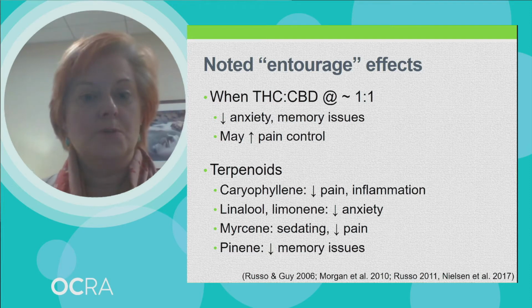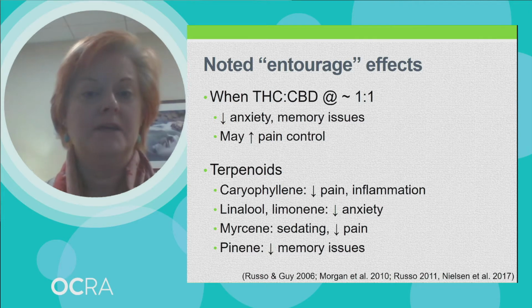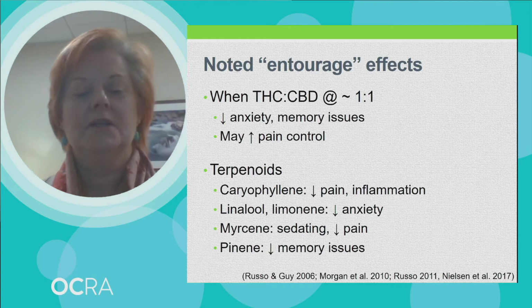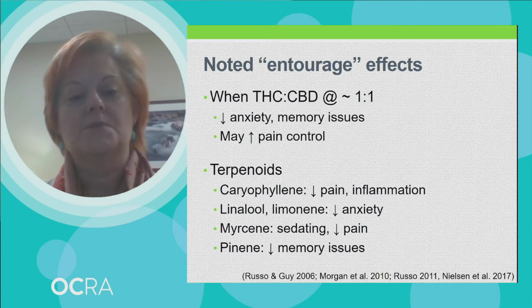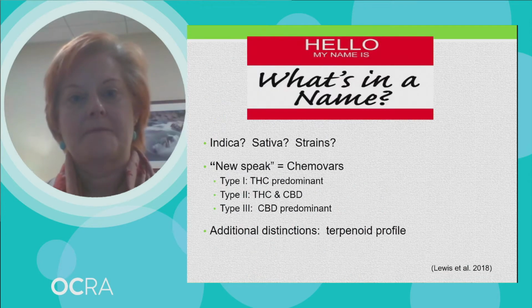And looking at some of the terpenoids, caryophyllene, when it's fairly high in a cannabis preparation, may also help to decrease pain and inflammation. Linalool, limonene can help reduce anxiety. Again, myrcene is very sedating and decreases pain, and pinene can help reduce memory issues.